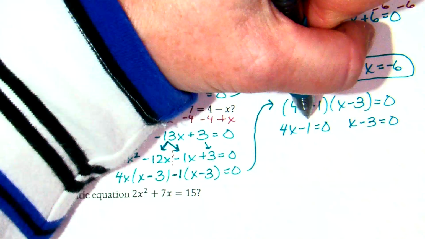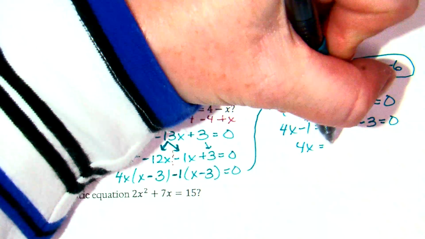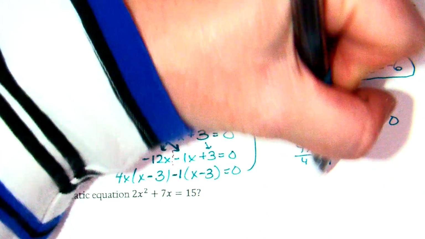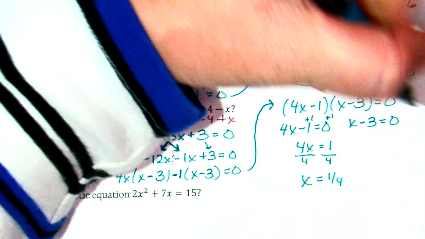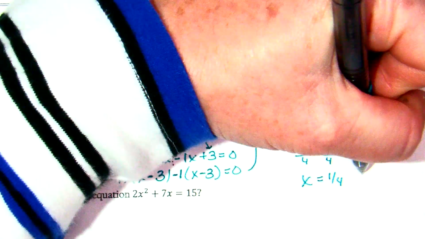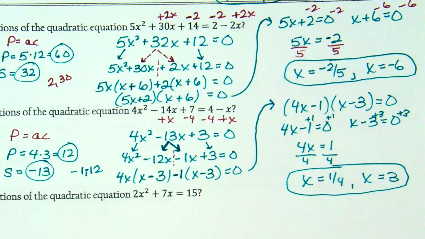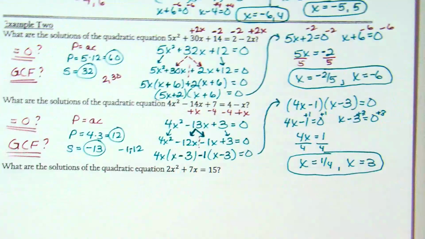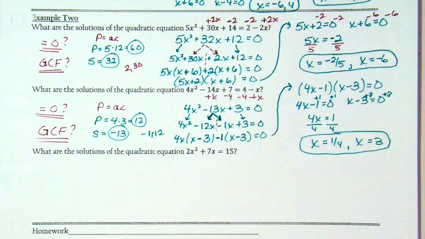So 4x minus 1 equals 0, x minus 3 equals 0. If it's 4x minus 1, add 1. 4x equals 1. Divide by 4, and x is 1/4. If it's x minus 3, just add 3. x is 3. So 2 answers of 1/4 and 3.